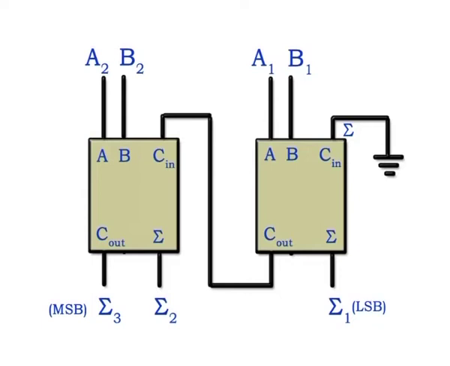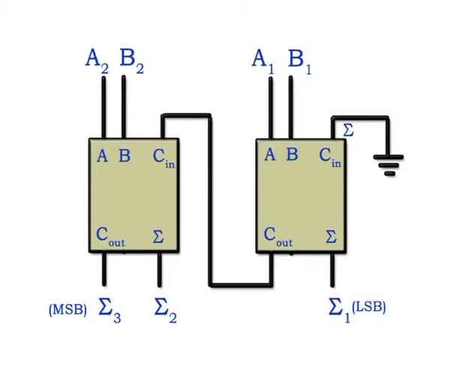So, for 2-bit number, 2 adders are needed, and for 4-bit number, 4 adders are used, and so on. The carry output of each adder is connected to the carry input of the next higher order adder as shown in figure for a 2-bit adder.